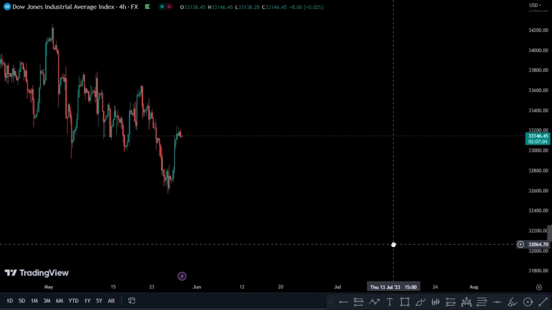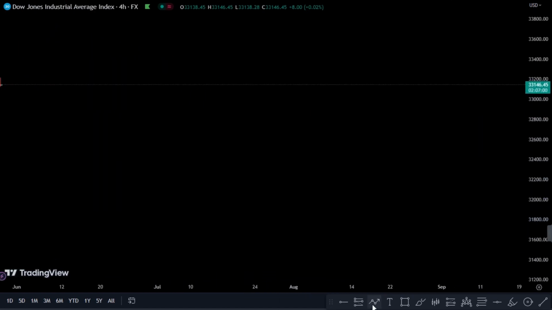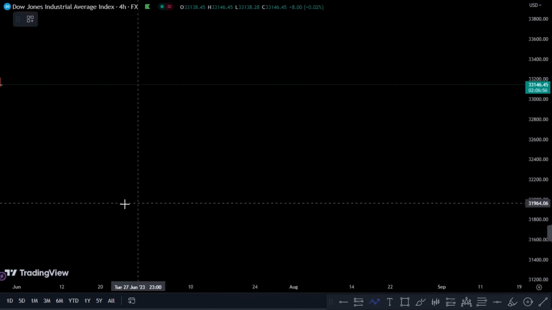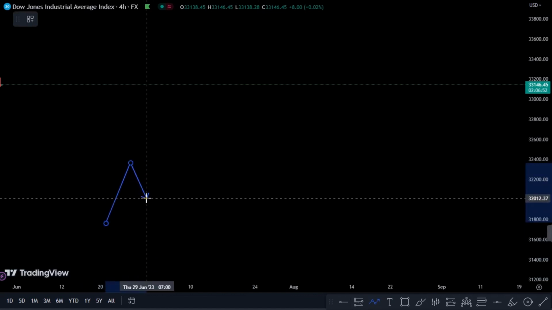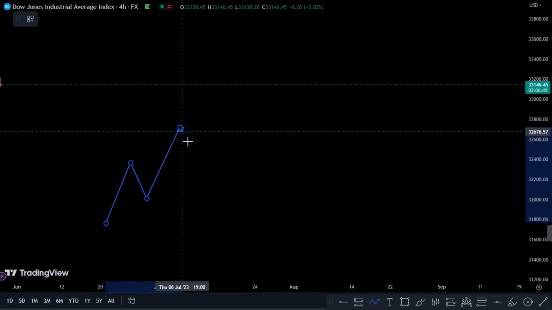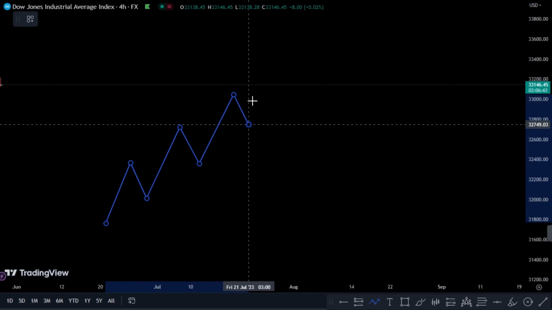Okay, so we're going to start with Dow Jones. But before we get into the actual price action, let me first start by explaining how the strategy works. We know that in the forex market we have 2 trends: an uptrend and a downtrend. The other movement is a consolidation.